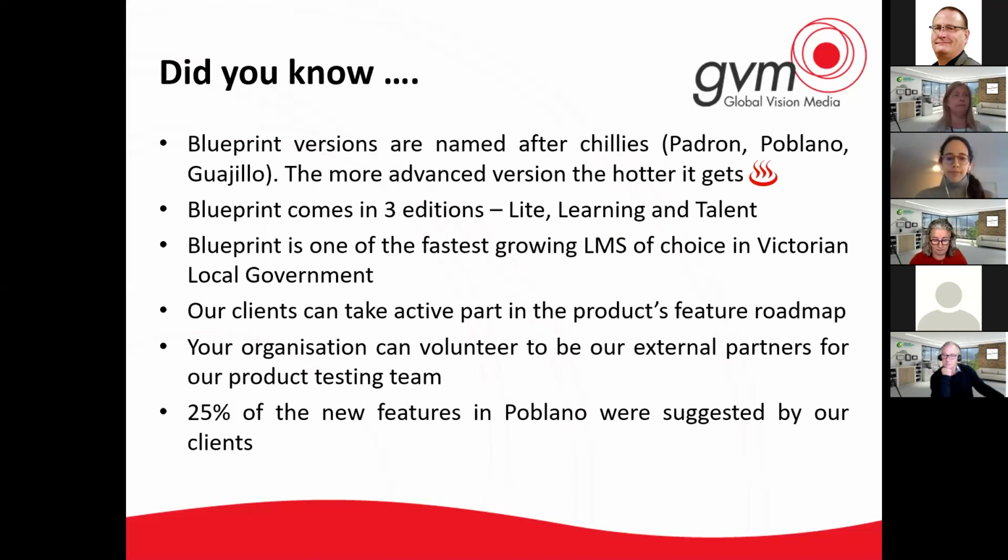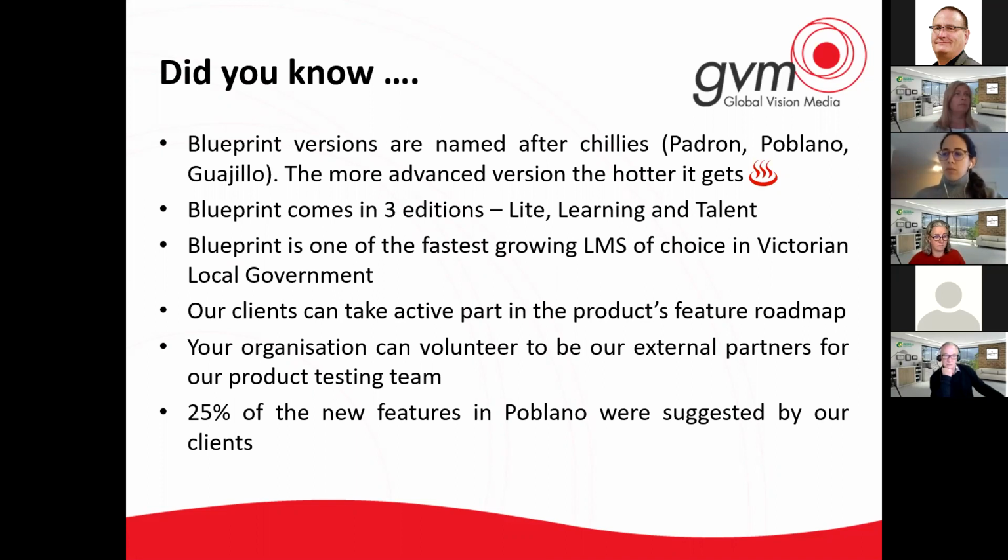In addition to that, your organization can become one of our external partners for testing. Whenever a new feature is put onto the product, our testing team tests the feature, but your organization can volunteer and become an external team member, and we'd be able to give you the new versions, new features, and you can test it at your end.